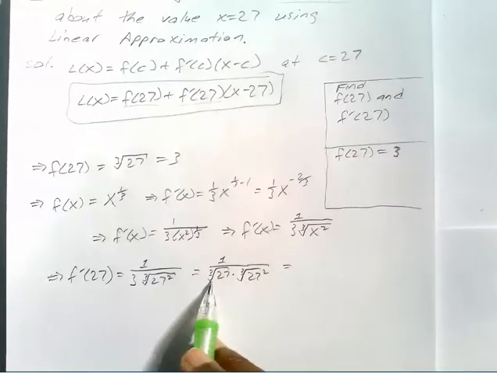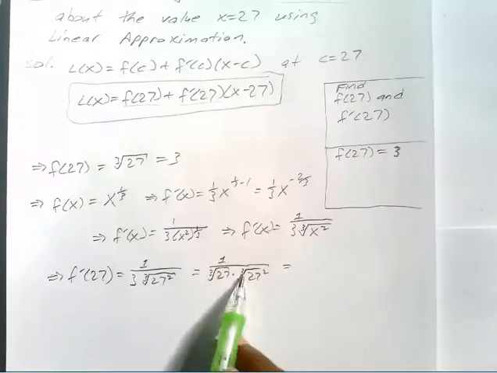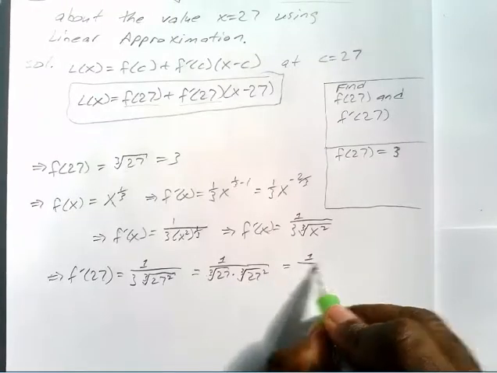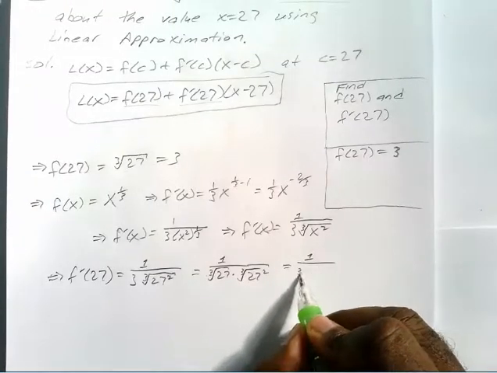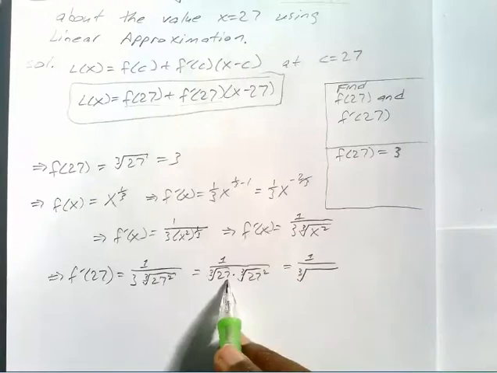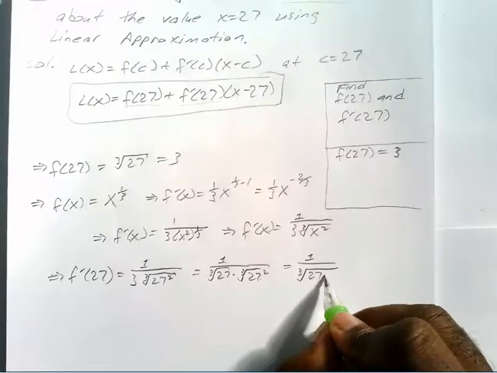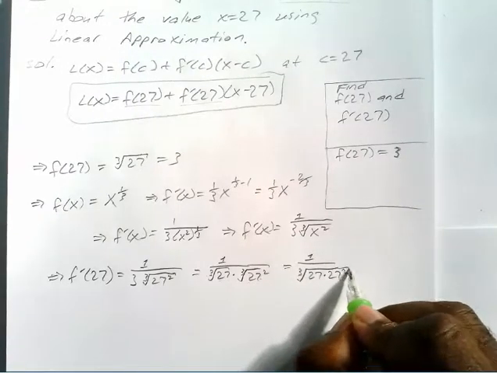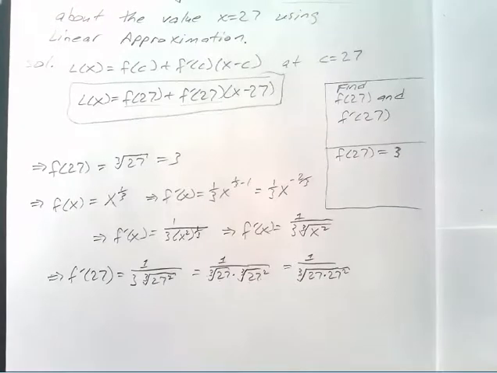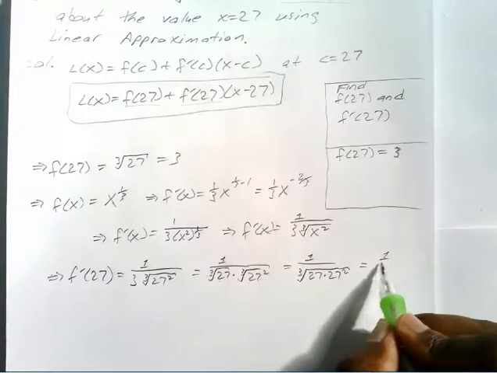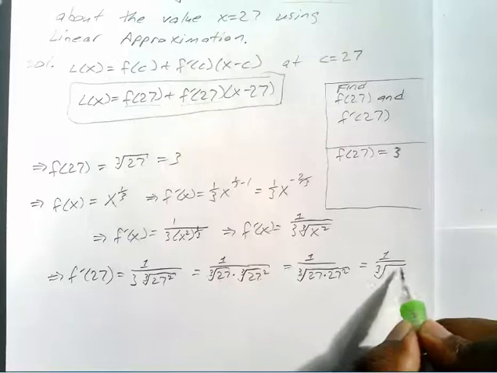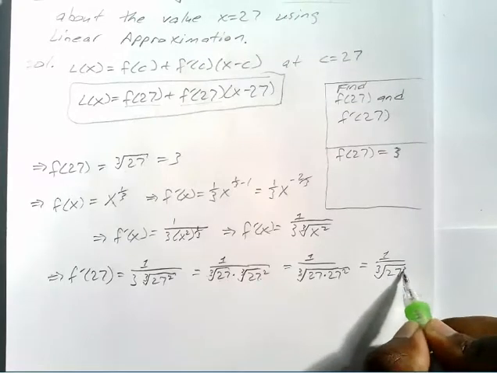Okay, so we can actually combine those two since the indices match. So that's 1 over the cube root of 27 times 27 squared, which is equal to 1 over the cube root of 27 to the third power.